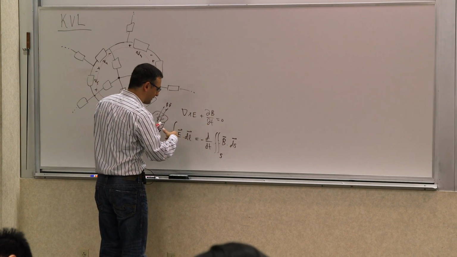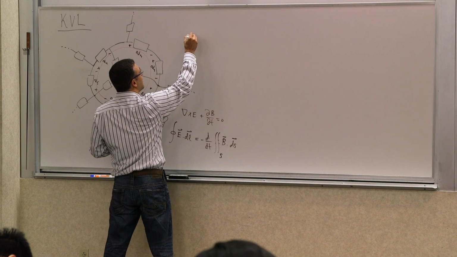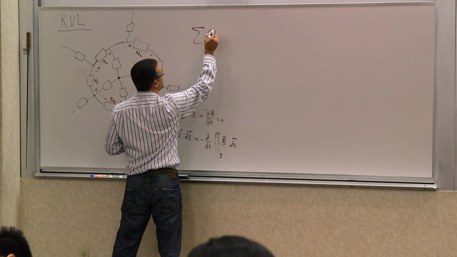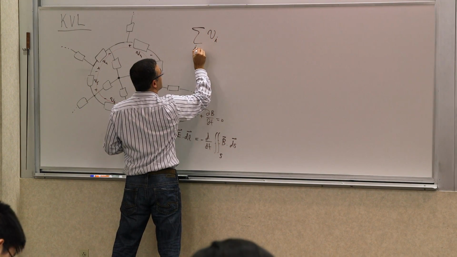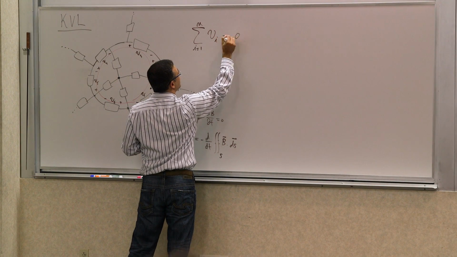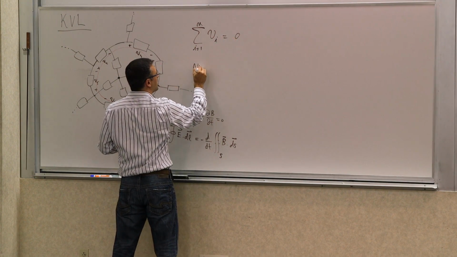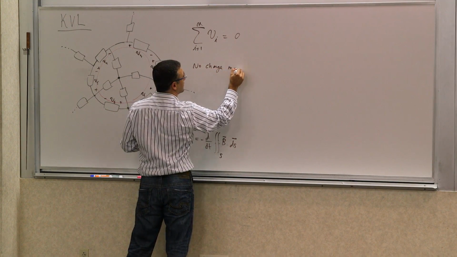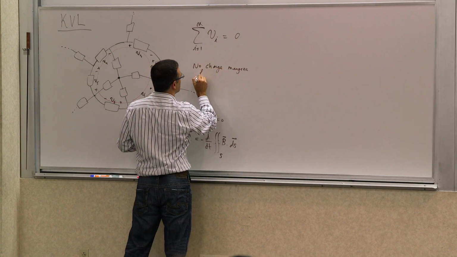If there is no magnetic flux, which is the assumption that you make here, the sum of Vi for i equals 1 to m equals 0. No changing magnetic flux.